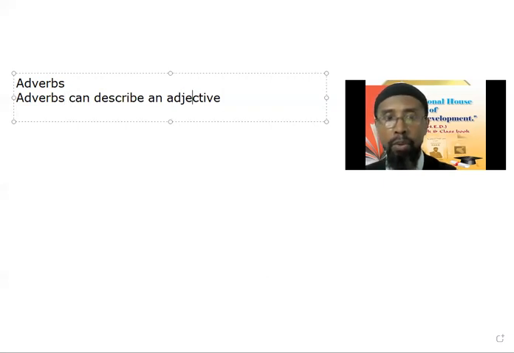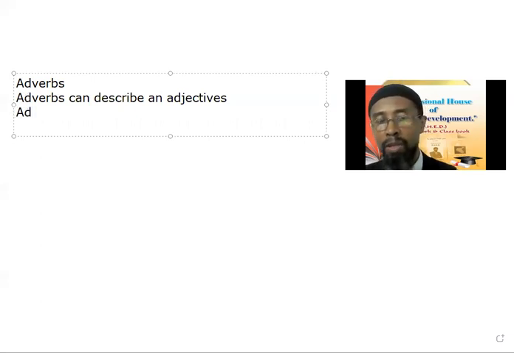I'll make that plural as well, even though at this particular time we're only talking about one that we're going to use in a sentence as an example. Because I put the S, if I didn't put the S, then I should be saying an adverb if we're only talking about one. So I just put the S to make life easier.